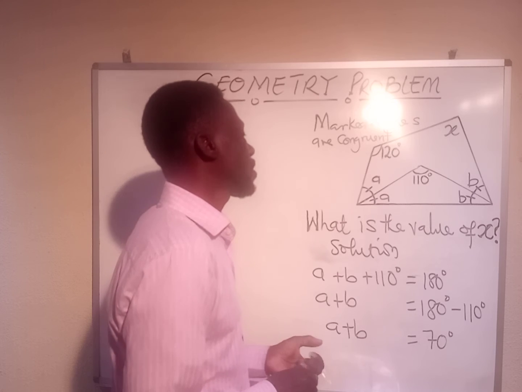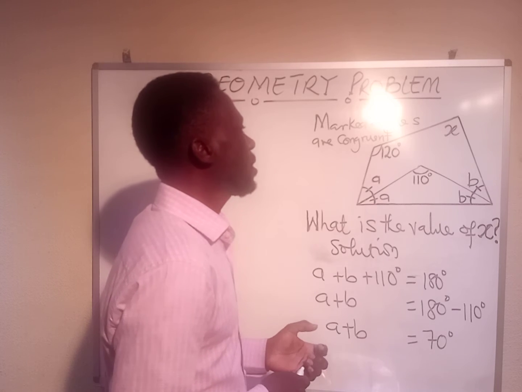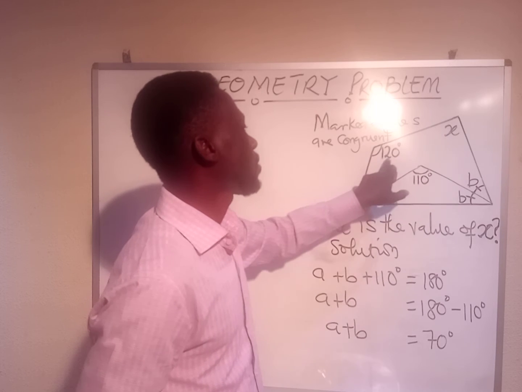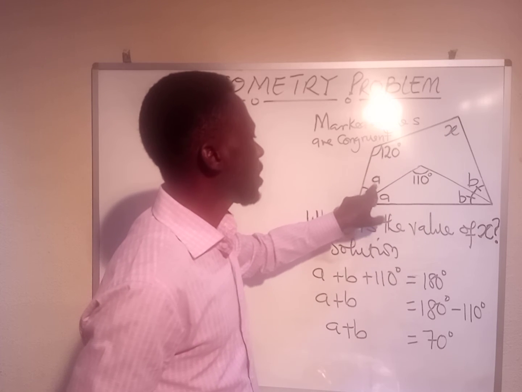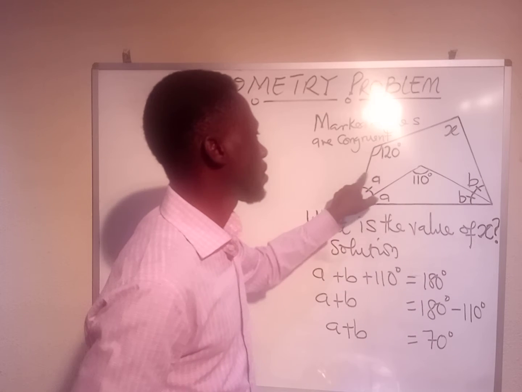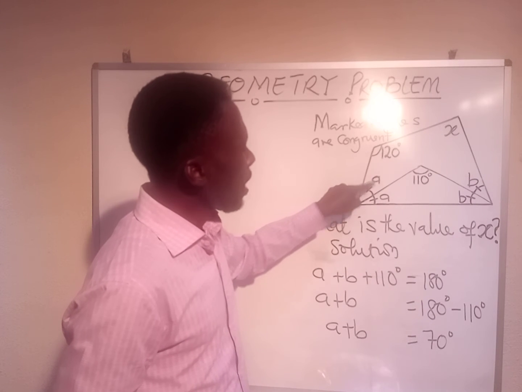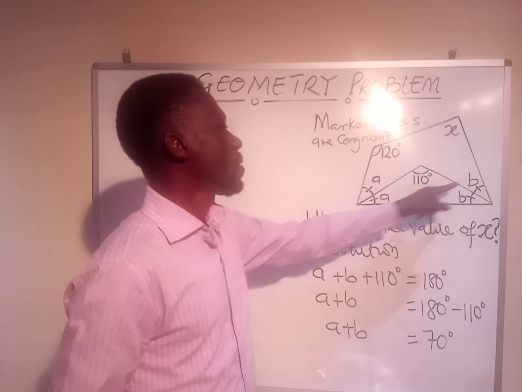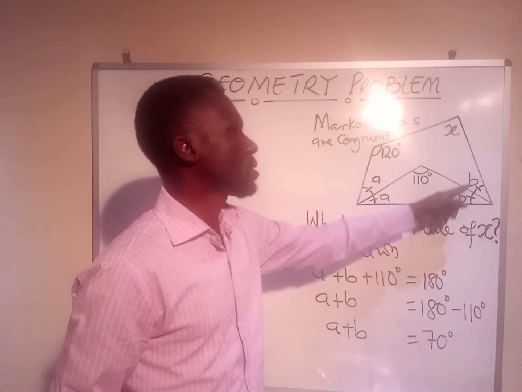All right, so what is going to happen is that we are going to find x by adding all the angles here. You will agree with me that A is here and A is here, so this is 2A. B is here and B is here, so this is 2B.